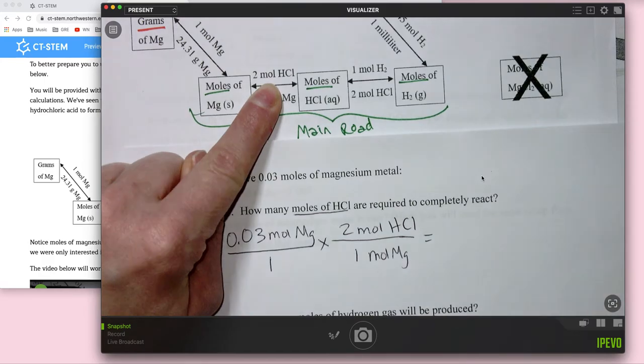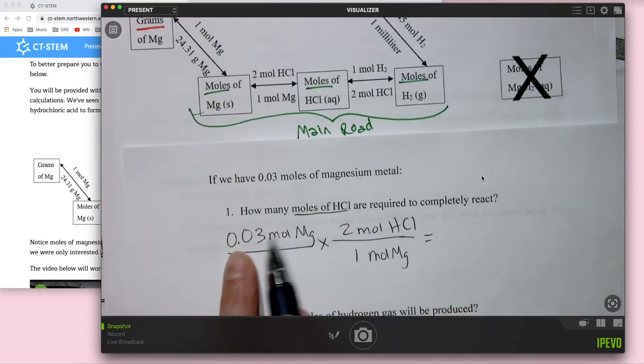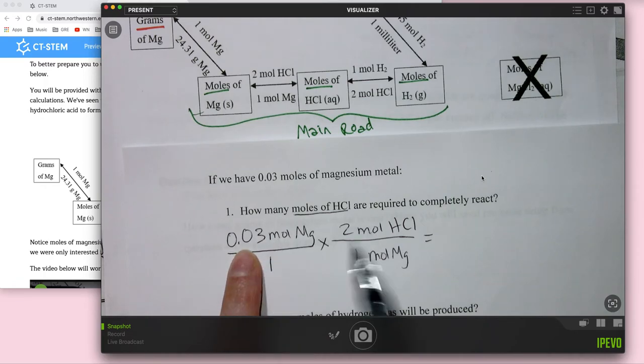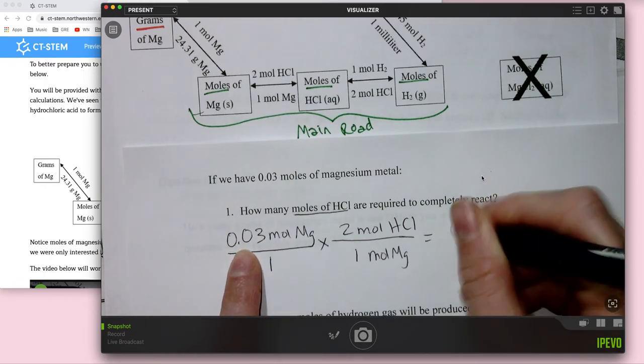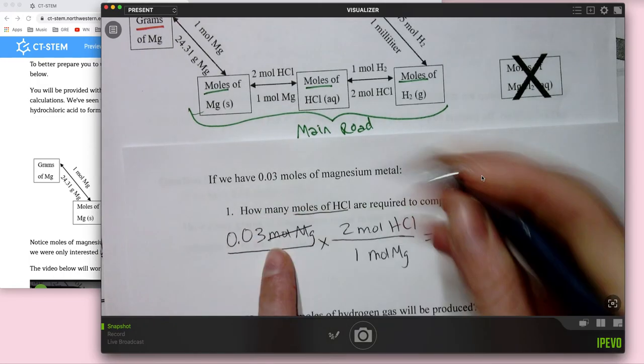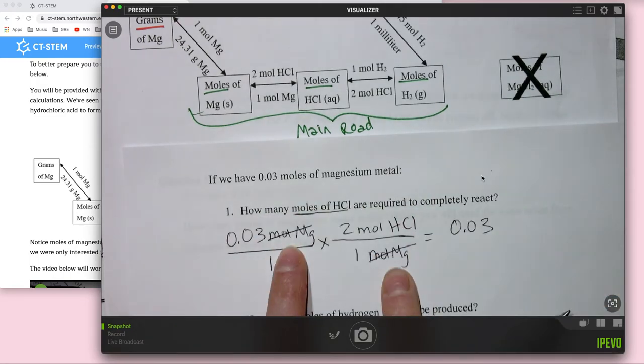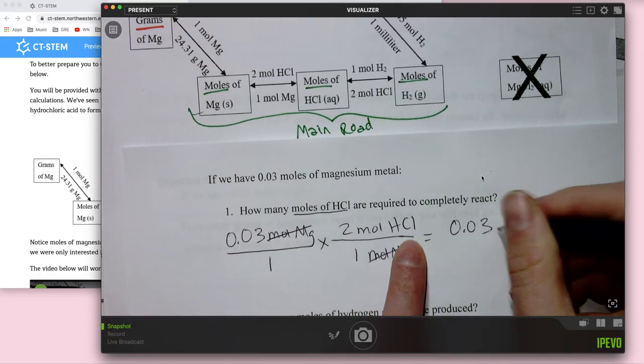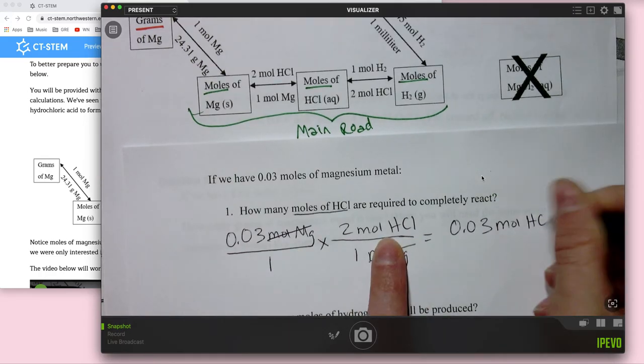Okay, and then we multiply across, divide down. So 0.03 times 2 divided by 1 is just 0.06. To figure out my units, mole of magnesium cancels, and I end up with mole of hydrochloric acid.